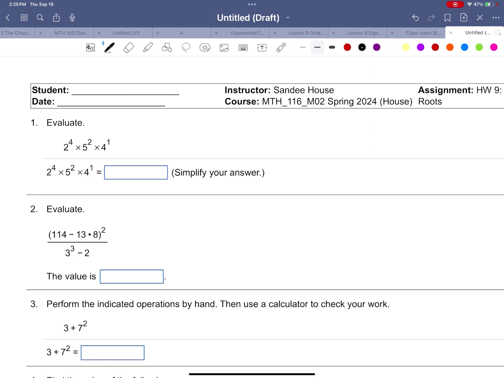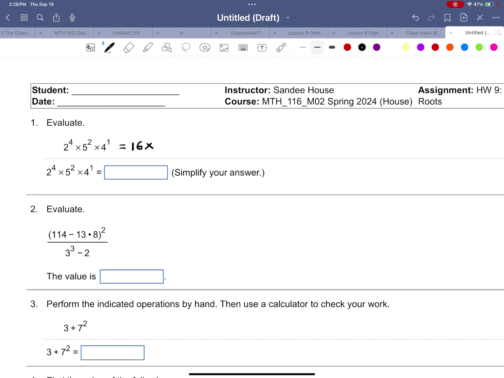So let's apply the order of operations for these exercises. Now notice in number 1, we've got multiplication, and we also have exponents. So we're going to do the exponents first, and then we'll do the multiplication. I can do 2 to the 4th by going 2 times 2 times 2 times 2, or I can use my calculator, and I'll get 16.